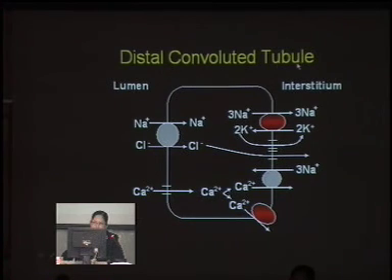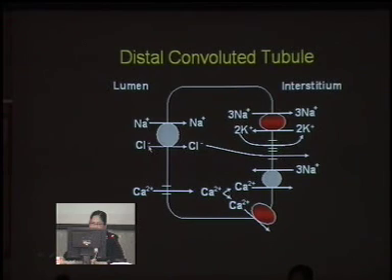Distal convoluted tubule. Sodium chloride exchange. This is the sodium-potassium pump and sodium-calcium exchange at the interstitium. And you see the calcium here. So this is the thiazide diuretics action here.